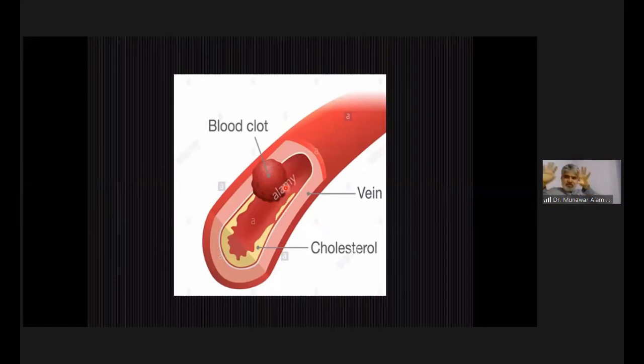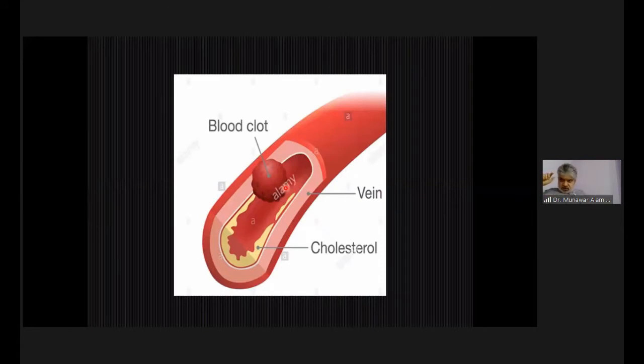Whenever it plugs any small blood vessels, the blood supply to that particular organ is interfered with or blocked. And as the blood vessels of the cardiac muscles are very minute, when it plugs those minute blood vessels of the myocardium, it causes the infarction of that particular area of the heart, that we call the myocardial infarction.